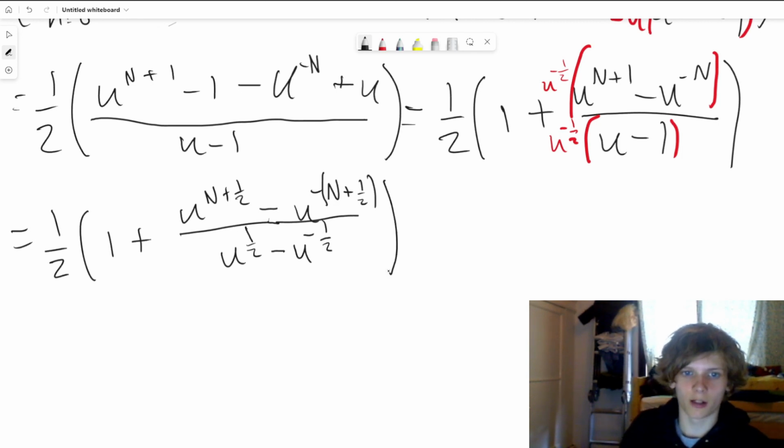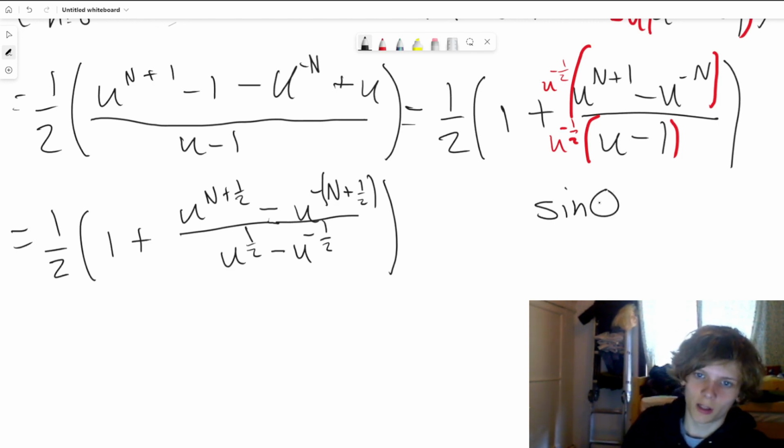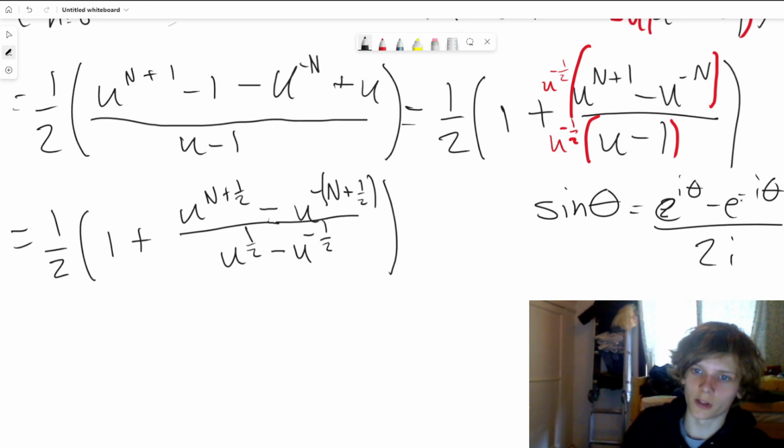And this is ideal because anyone, again, who is familiar with a tiny bit of maybe complex analysis will know that sine of theta is equal to e to the i theta minus e to the negative i theta all over 2i, and this is exactly the setup we have here, except obviously without this 2i, but that's fine because we can multiply by 2i.